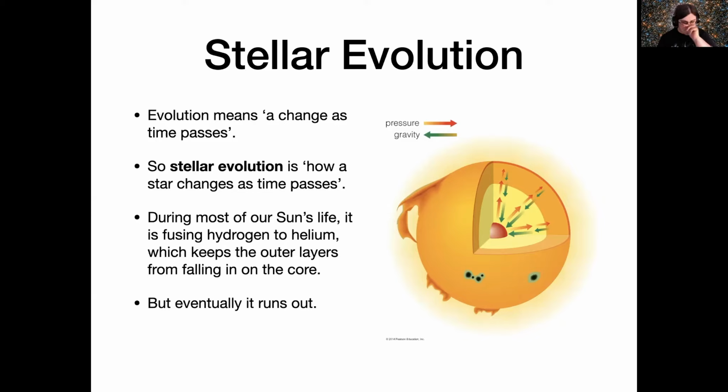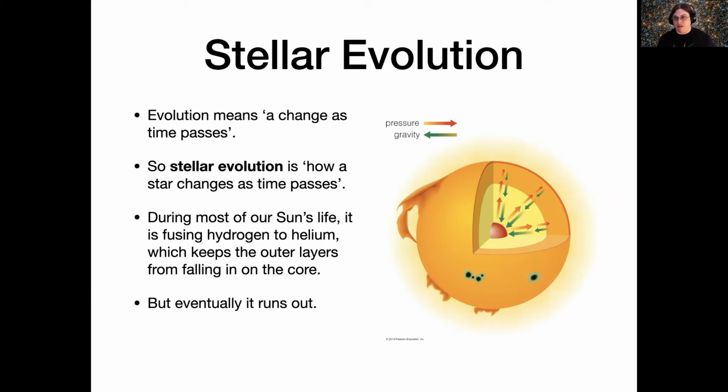So we've talked about formation, and what happens is a star ends up on the main sequence and it stays there burning hydrogen to helium, but eventually it runs out. All of its core is filled with helium. It can no longer fuse hydrogen into helium. The other important thing is that the rest of the star outside the core is in an equilibrium.